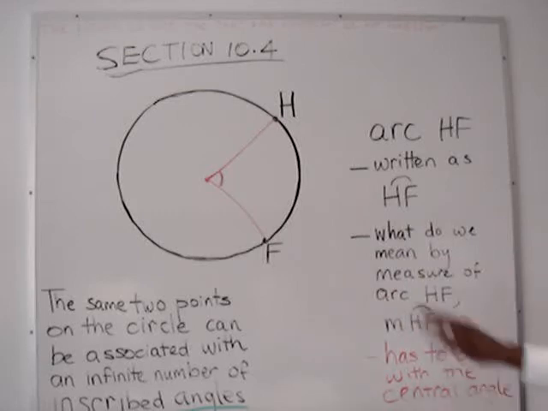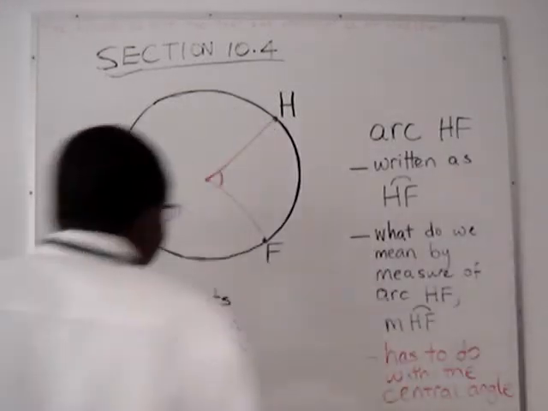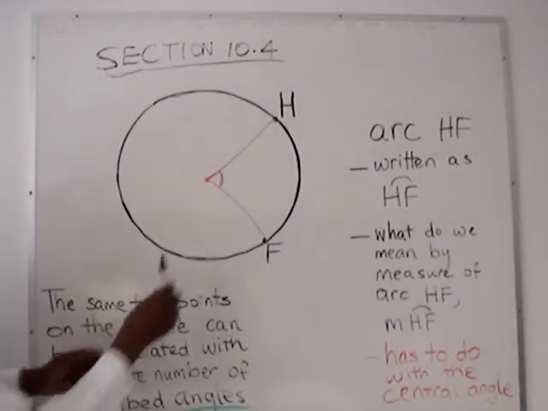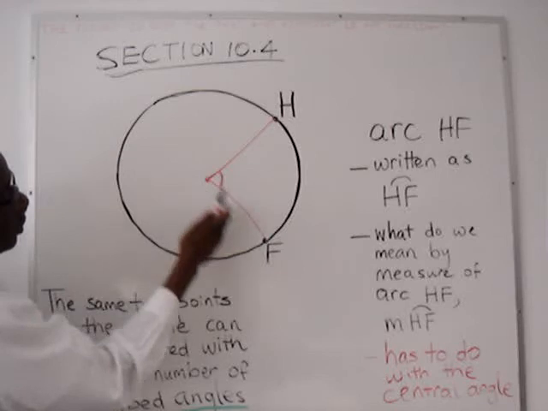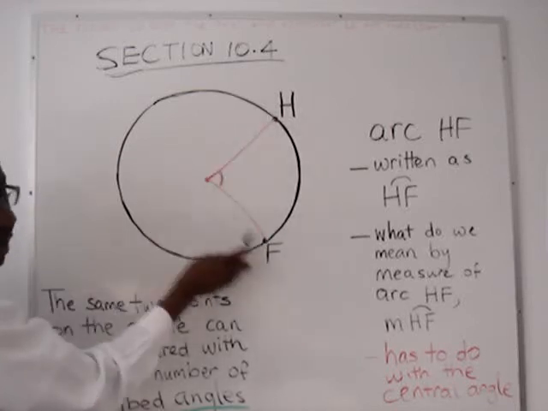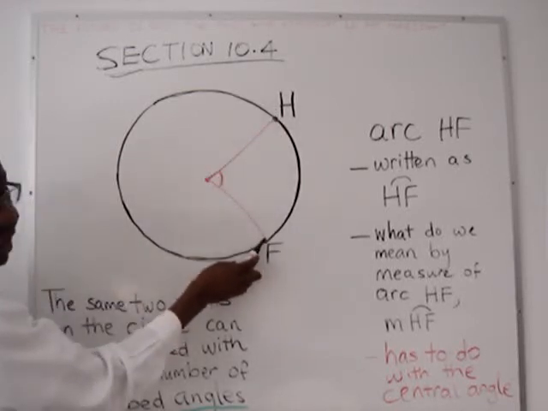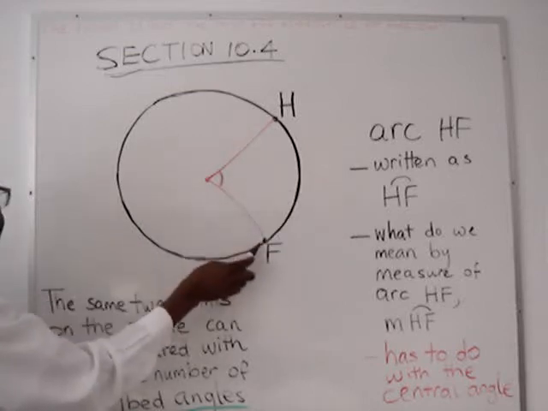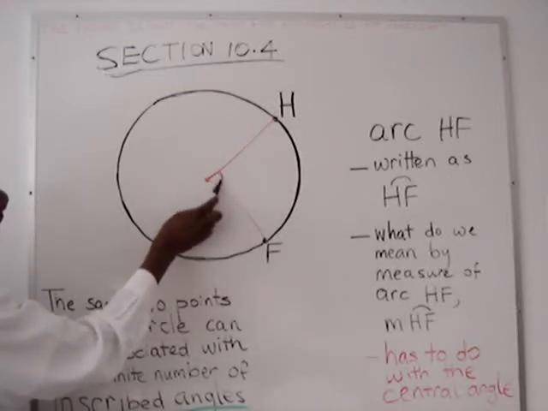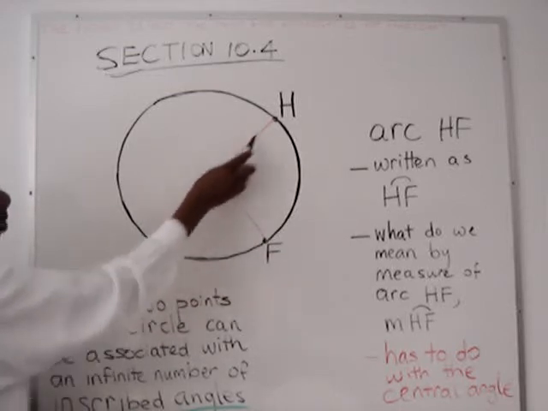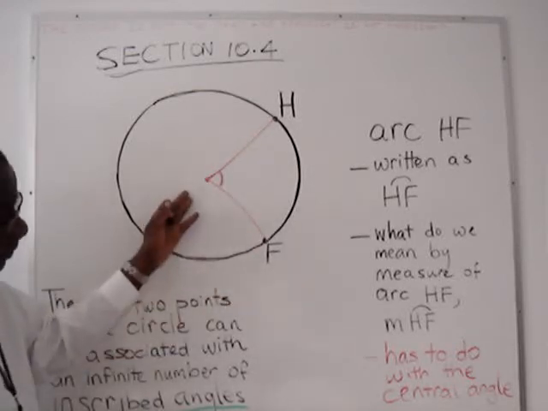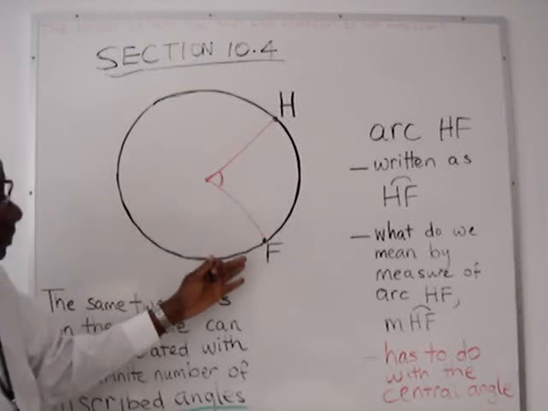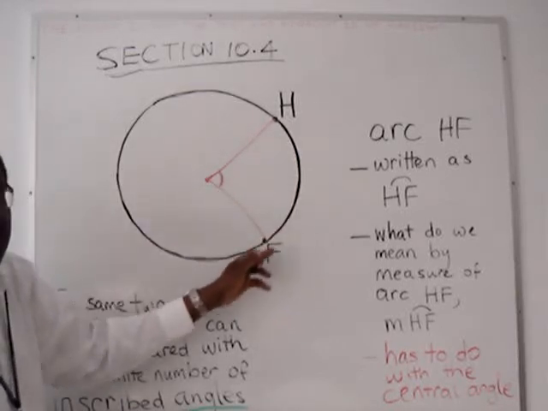Let's look at it in the figure. Back to the center of the circle, you need to draw the 2 radii from the 2 points at the end of that arc. And the angle formed by those 2 radii is the measure of that arc.